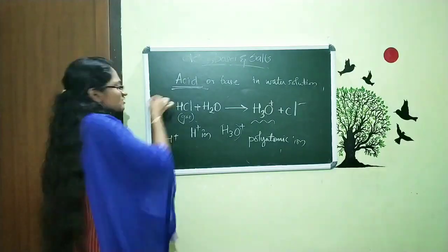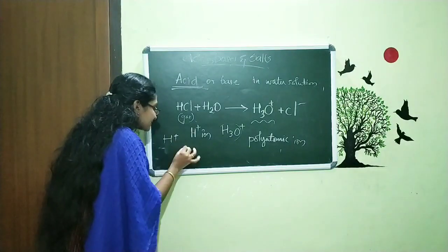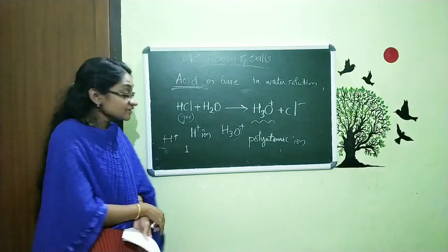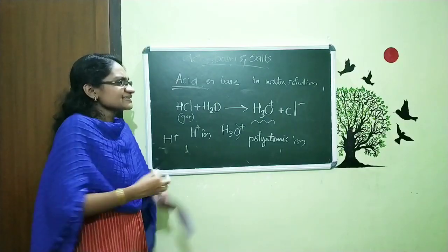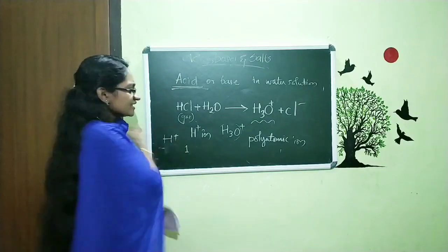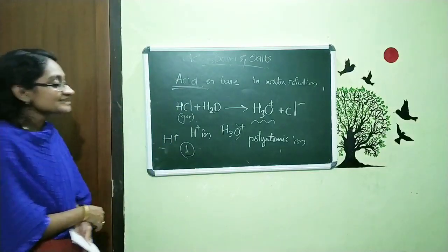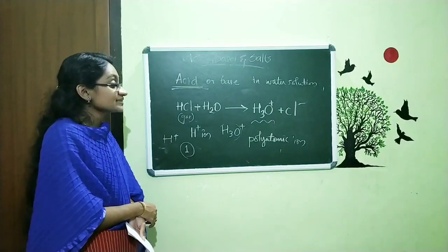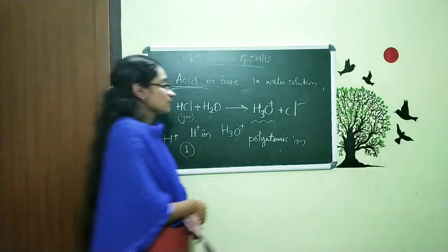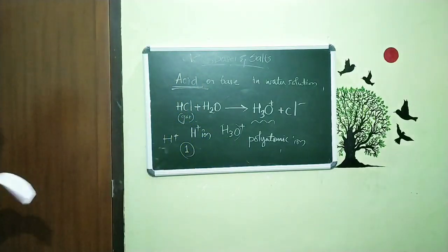The hydrogen has its outermost shell with atomic number 1, and because of this, hydrogen always shows certain exceptional properties. The reason is that hydrogen is unable to stand alone. So that's why hydrogen combines with water and forms H3O plus.